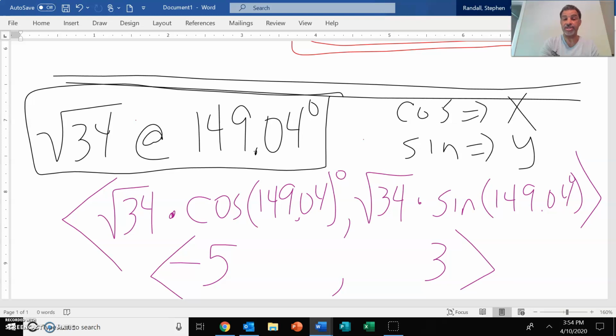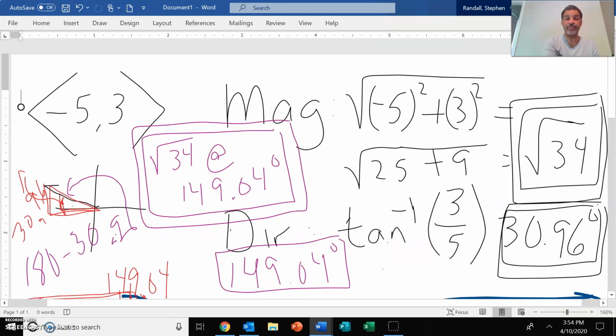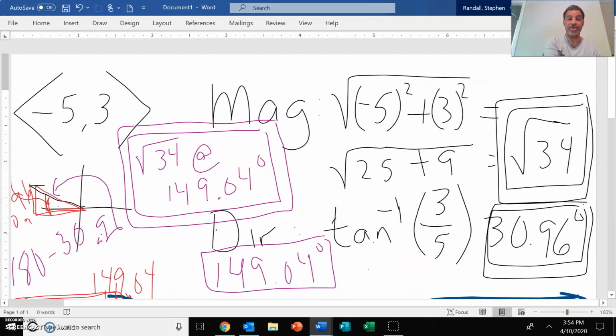The components are negative 5 and 3, which is exactly what we started with.